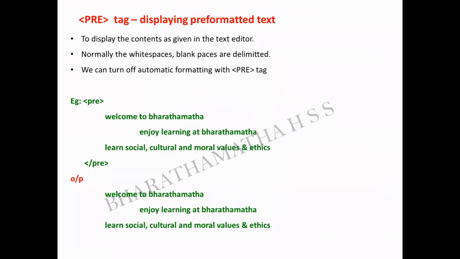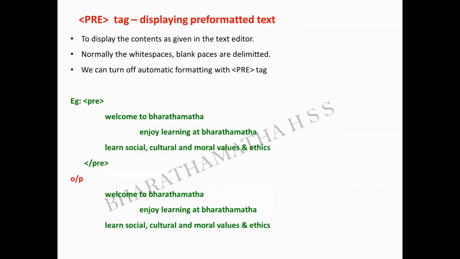So pre-tag means, that is, in the previous classes when we were writing the programs and when we saw the output, whatever lines that we write, even though we write it in the next line in the body section, automatically what happens was it will move on to the previous line, truncates or eliminates the white spaces and gets added along with the previous line itself.